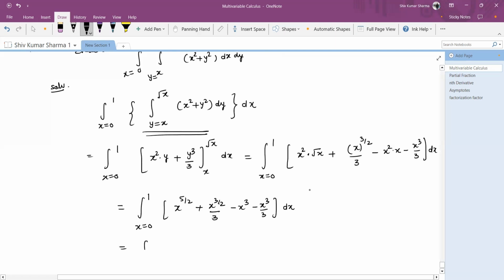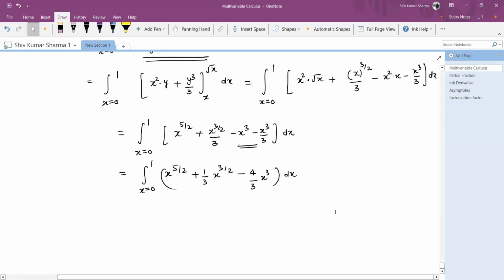So we can write this as the integral 0 to 1 of x raised to the power 5 by 2 plus 1 by 3 x raised to the power 3 by 2, minus 1 plus 1 by 3, which means 4 by 3 into x cube, dx. Now we integrate this with respect to x.